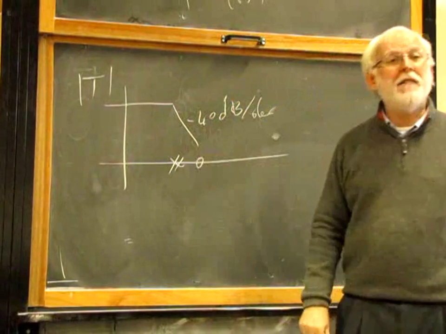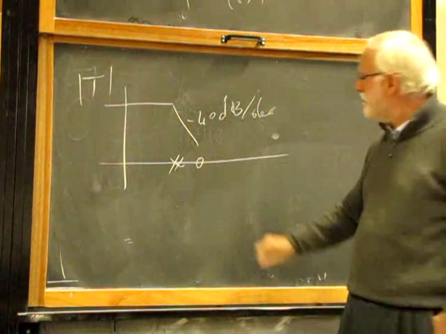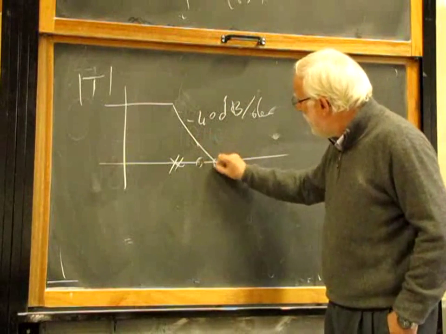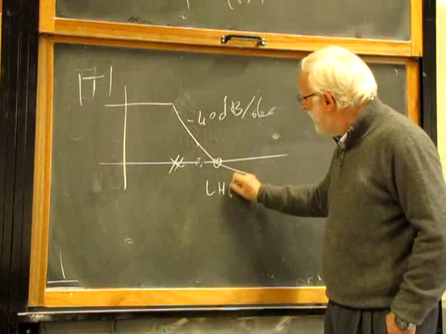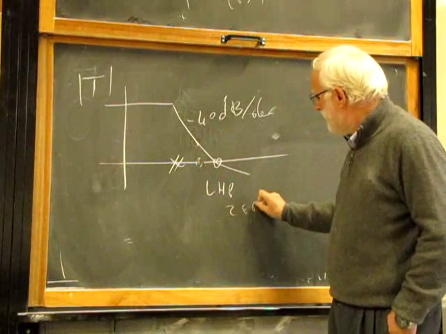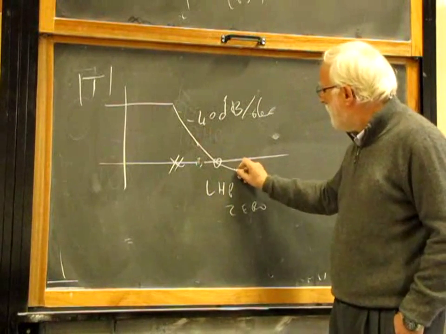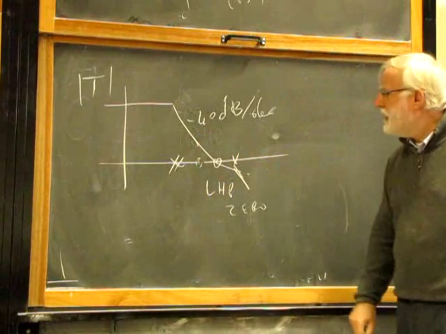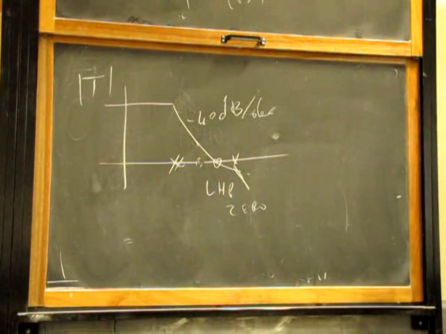Here we have a left half-plane zero, a little bit higher. Let's say here we have a left half-plane zero, and here probably we can have another pole. Stable or unstable? Probably unstable because we cross over with the minus 40 slope.